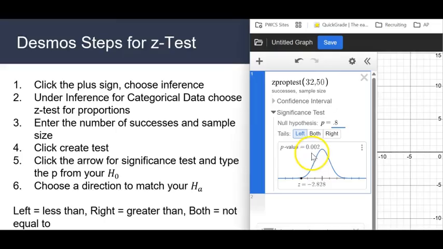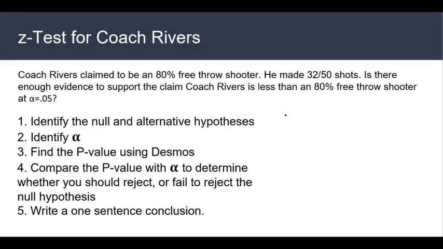All right, and Desmos gives us a p-value of 0.002. All right, so that means that the probability that an 80% free throw shooter only makes 32 out of 50 is 0.002. So our p-value is 0.002. And what do we do with that information? We're going to compare it with alpha.